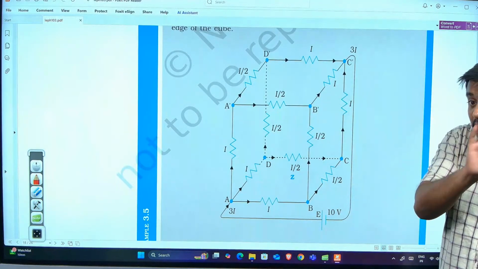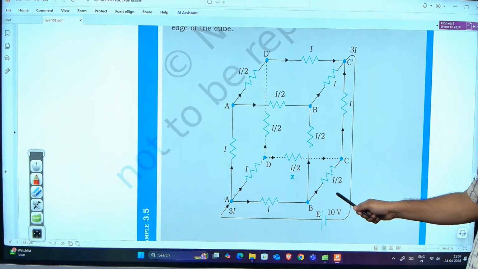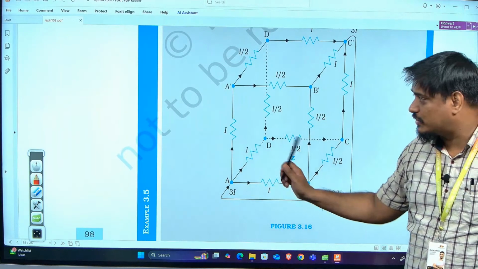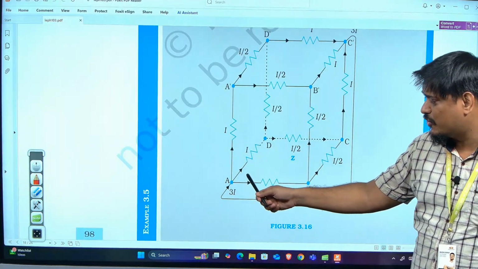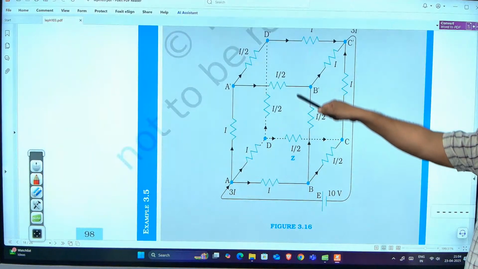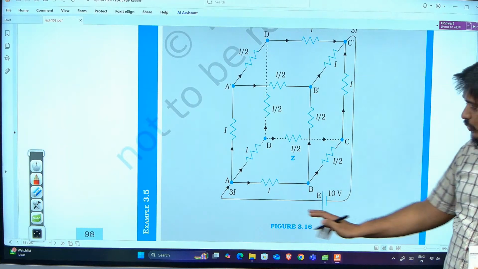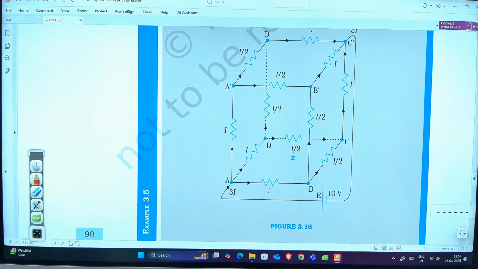Is it clear first how the current is dividing? Now, you see what is going to happen. Once you see that the current is going to get divided like this, I, and all the current is going to get added, it is going to become 3I. Now, current is known to you in variable terms, 3I, and you have the value of EMF as 10 volt.